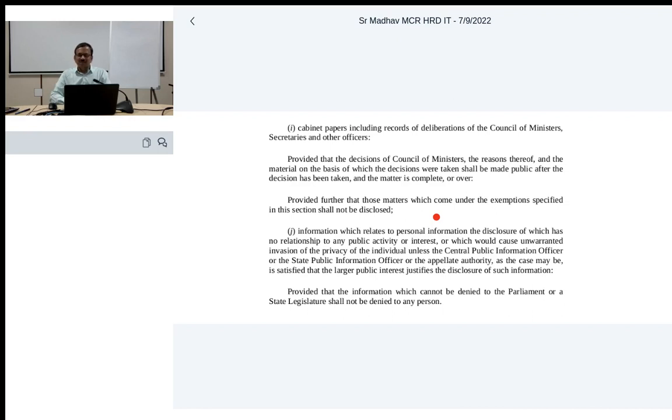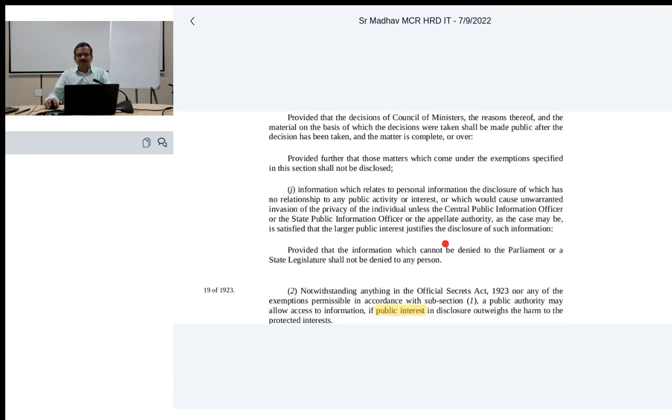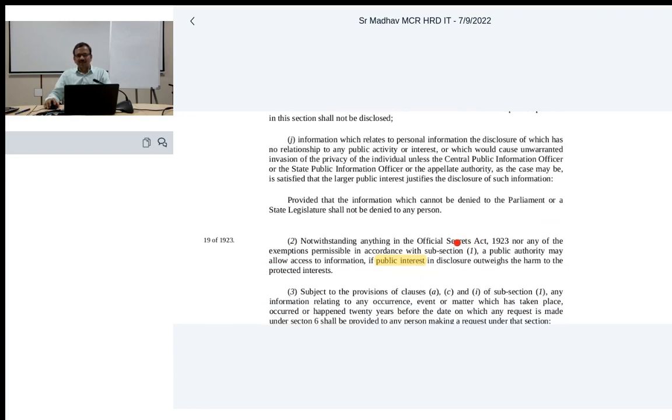The bill also seeks to amend the present RTI Act. We are not sure whether the amendment will take place or not, but the amendment is with regard to the phrase personal information. The bill proposes to amend this phrase as personal data instead of personal information. There is not much difference, but personal data is defined under the Personal Data Protection Bill, now under consideration of the Parliament. So we'll have a look at this after we complete the discussions on exemptions.